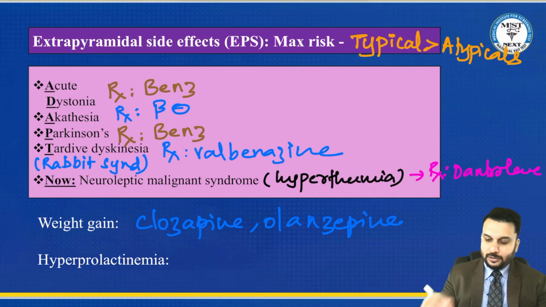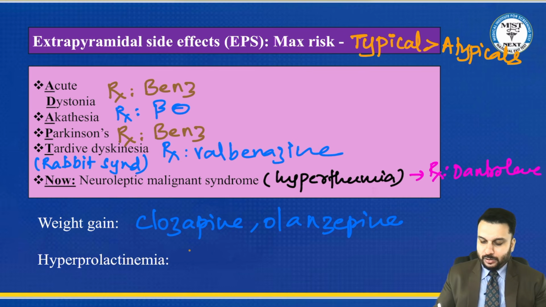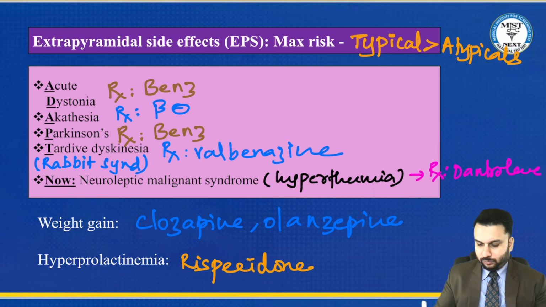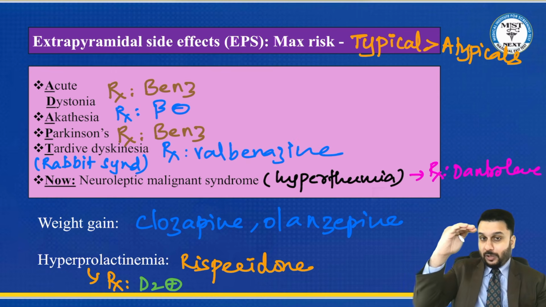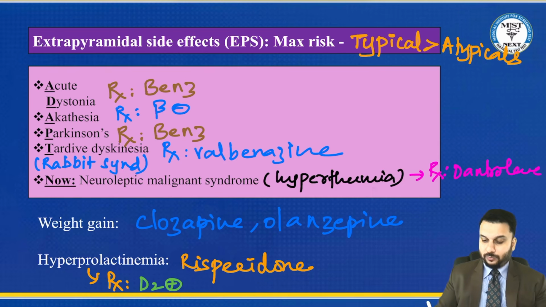And hyperprolactinemia, it is most commonly by drugs like risperidone. How do you treat hyperprolactinemia? If they ask you, we need to stimulate dopamine, because if you stimulate dopamine, prolactin levels will reduce.